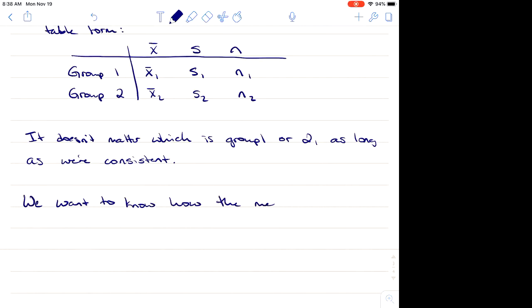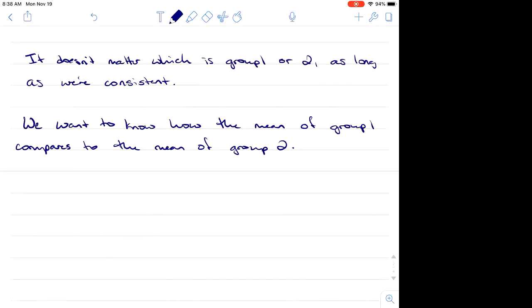So for our null hypothesis, we say that mu1 equals mu2.